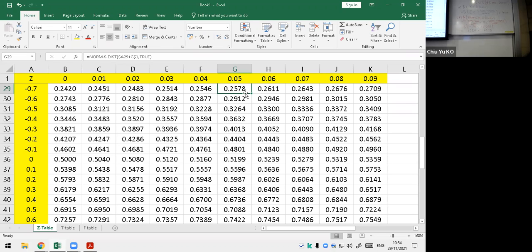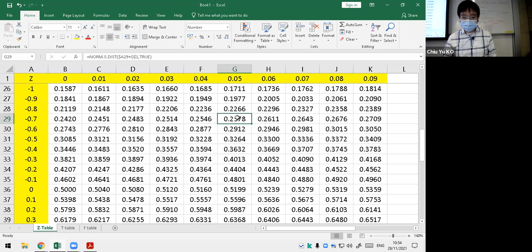You can use your own Z table, but that's how you read it, right? 0.75. Oh no, I guess I read the wrong one. This is 0.5, right? 0.75 should be this guy.